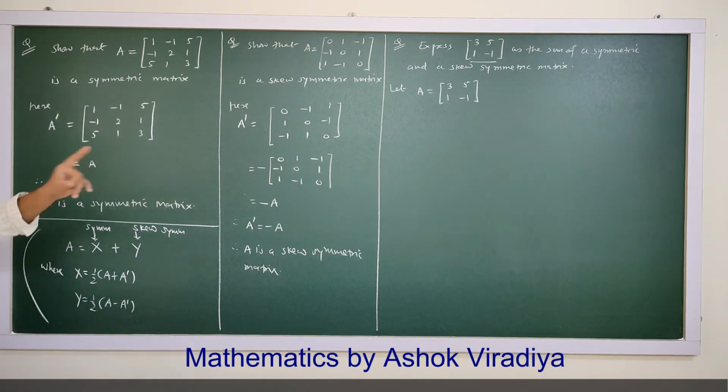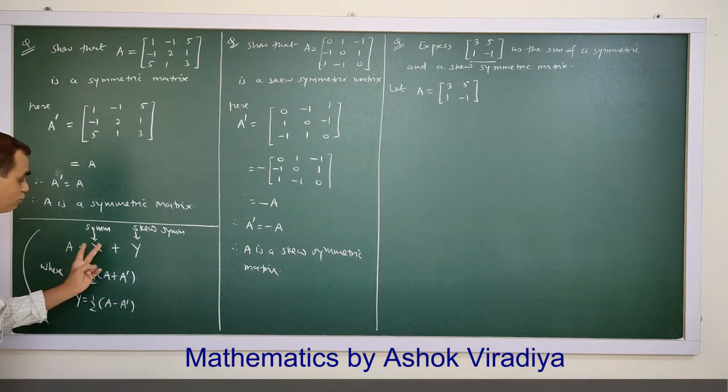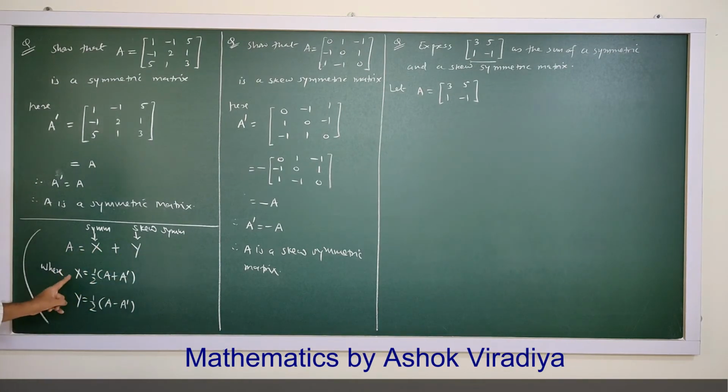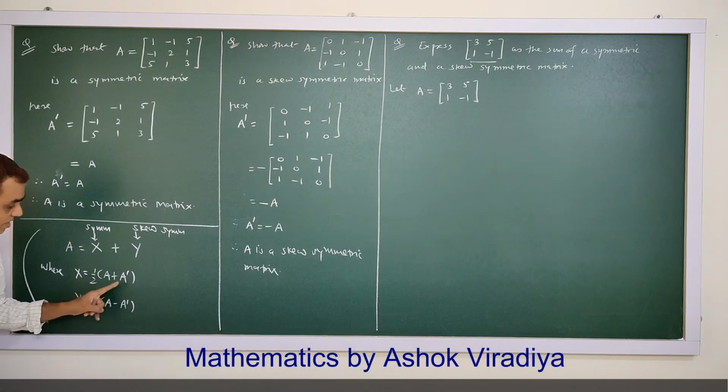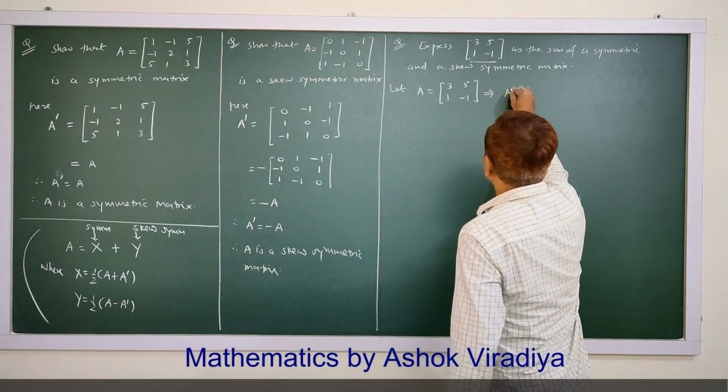Using this property here, A is given and we want to find such two matrices. The formula for X is 1 by 2 times A plus A transpose. Now look, A transpose is required in computing X and Y, so first of all, from A we calculate A transpose.